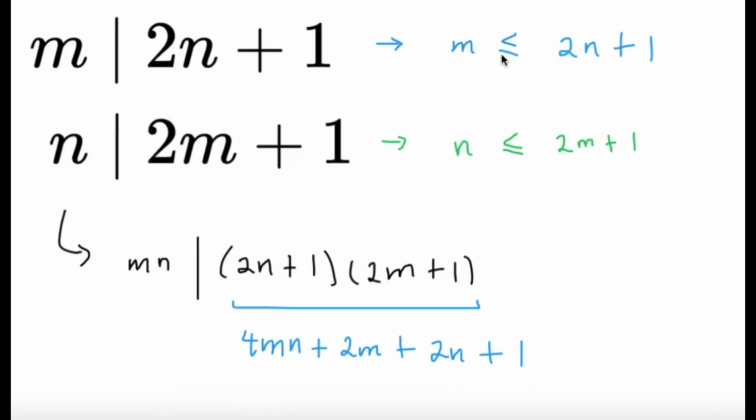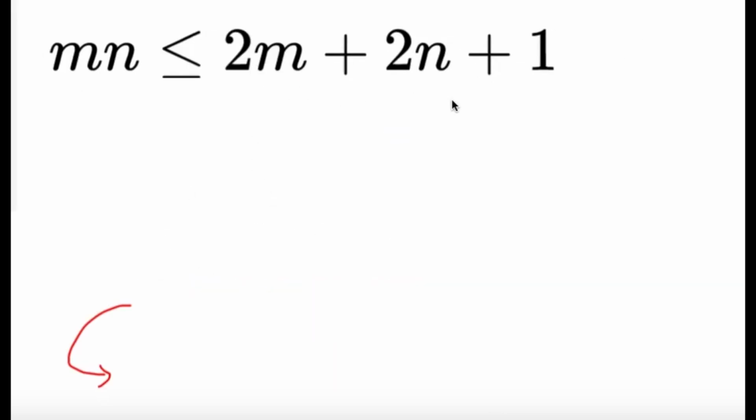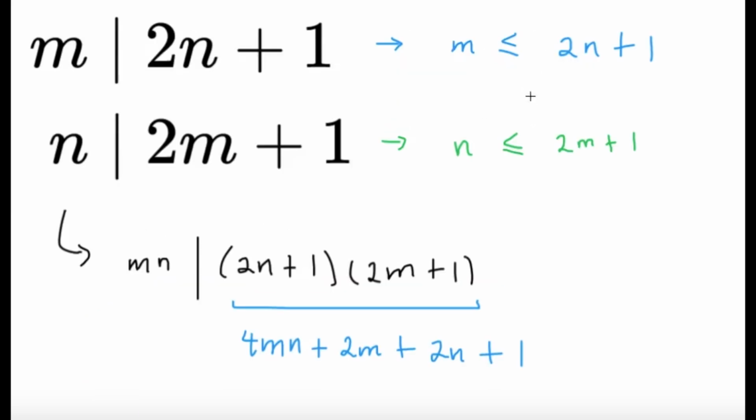With similar reasoning to the first two, we can now form an inequality: mn must be less than or equal to 2m plus 2n plus 1. This is better than the original bounds, because those two are both degree 1, since they're linear in m and n.